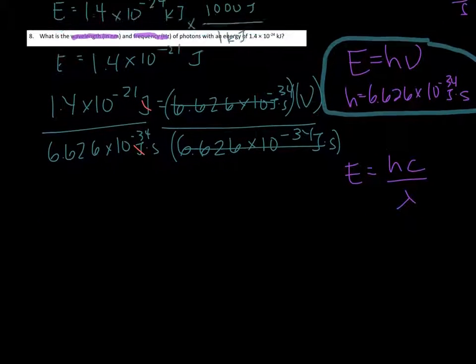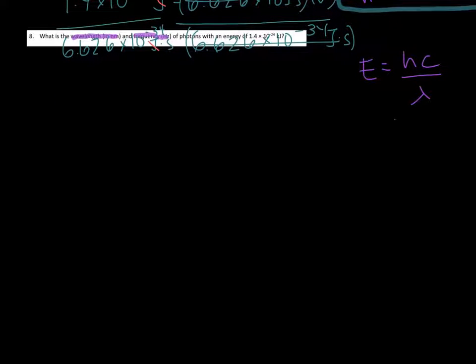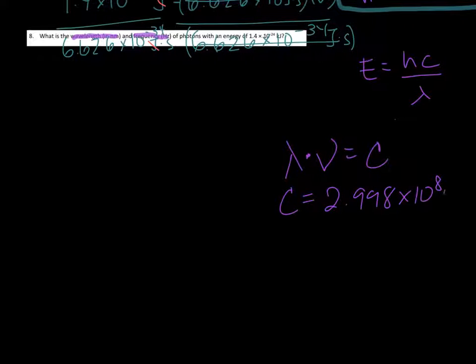I'm going to move everything up. And the equation that I'm going to use, I'm just going to rewrite it over here, is the wavelength times the frequency is equal to the speed of light. So c is 2.998 times 10 to the 8th meters per second.